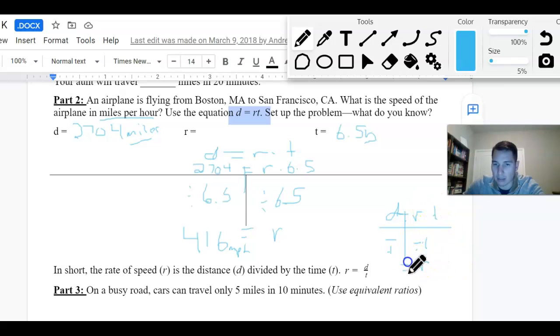R is equal to distance divided by time. Right back to here. Okay, which is the same. You can flip-flop, have R equals D divided by T. It's the same thing. All right, nice job.